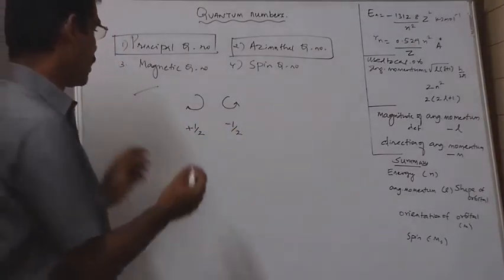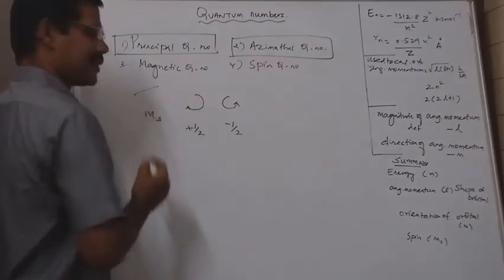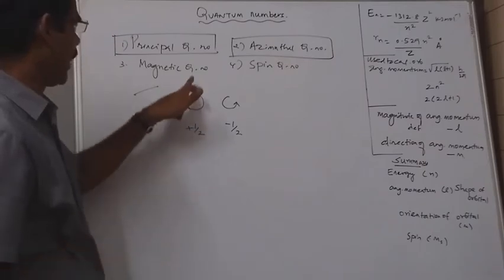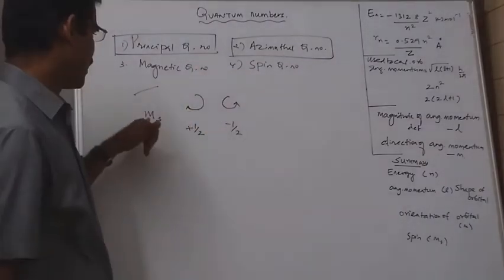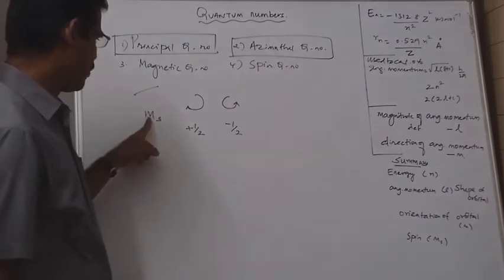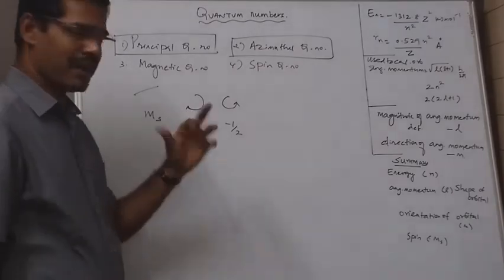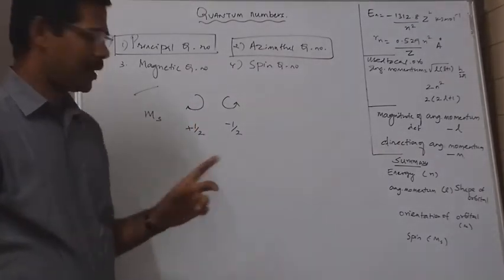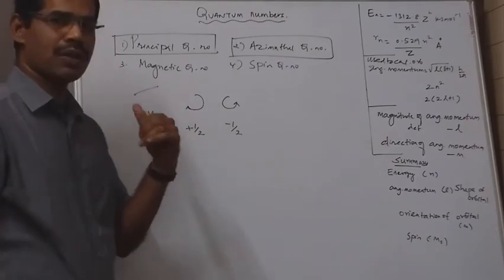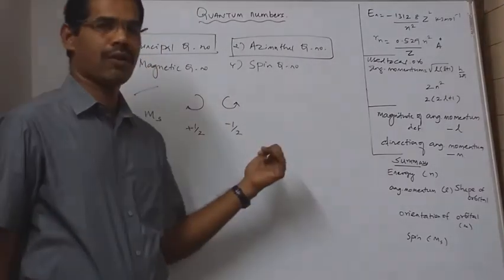This is represented by the symbol m with the subscript s. For the magnetic quantum number, it is m with subscript l. For the spin quantum number, it is m with subscript s. So the spin quantum number tells us the spin of an electron, and it has two values: plus half corresponds to clockwise spin and minus half corresponds to anti-clockwise spin.